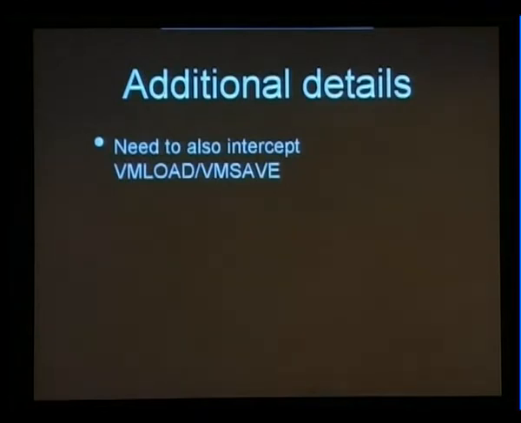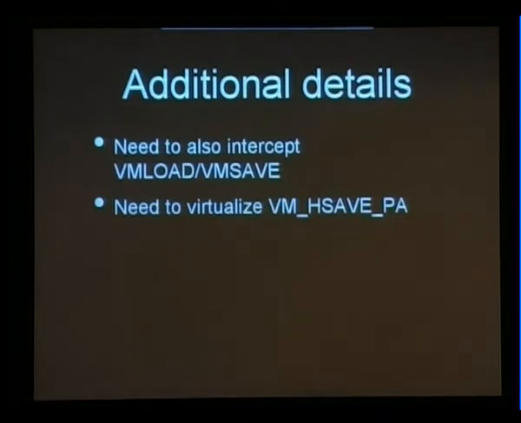VM load and VM save also have to be intercepted, because they address the nested VM control blocks. We have to modify them correctly so that the guest hypervisor will get the real information from them later.